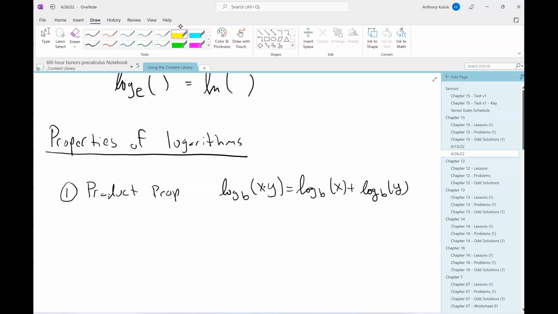So what the product property is saying is that if I have multiplication inside my logarithm, that's going to turn into addition outside of my logarithm.